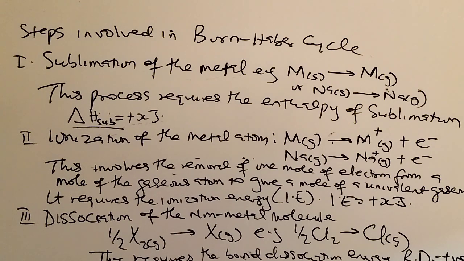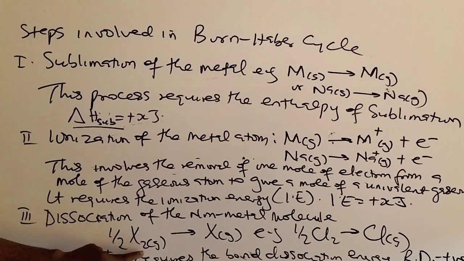The third step we have here is dissociation of the non-metallic molecule. Remember that an ionic compound contains a metal and a non-metal. For dissociation, we need what's called the bond dissociation energy. This is the energy required to dissociate a diatomic molecule into its constituent atoms in the gaseous phase. X2 is the molecule, which could be a non-metal like chlorine, Cl2.